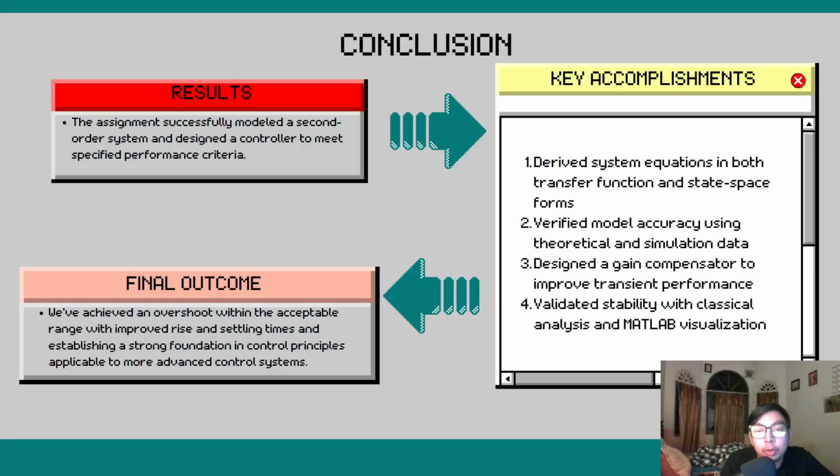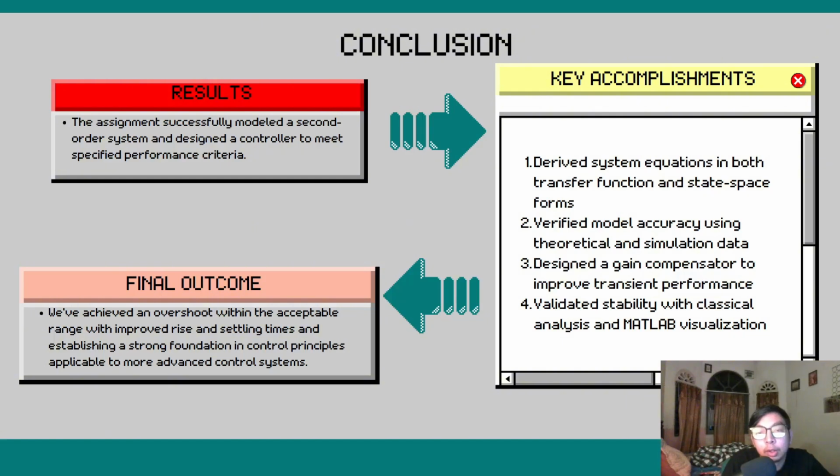So I will continue with the conclusion of the assignment project for control principle. As the result of the assignment, we successfully modeled a second order system and designed a controller to meet specific performance criteria.